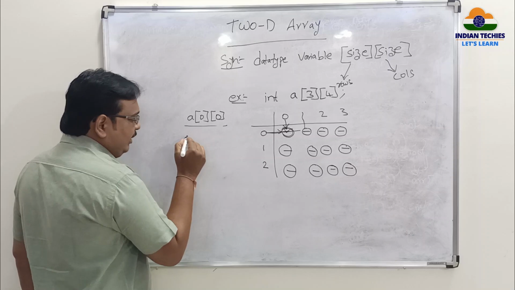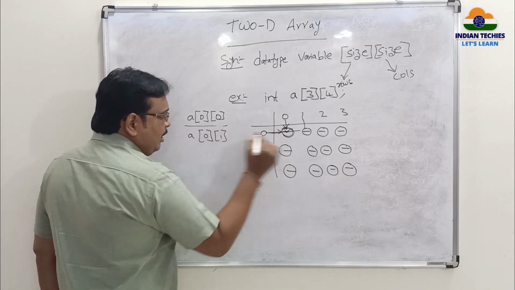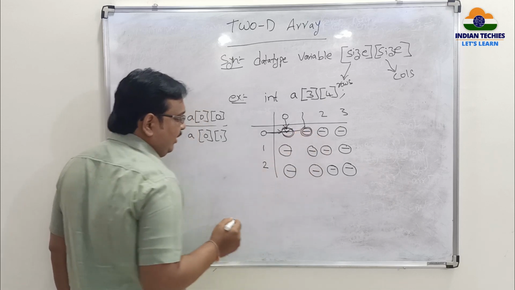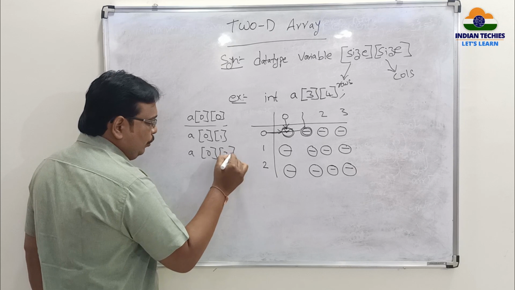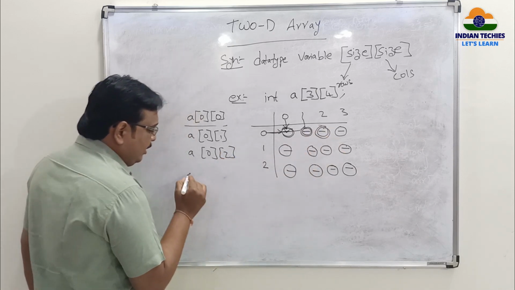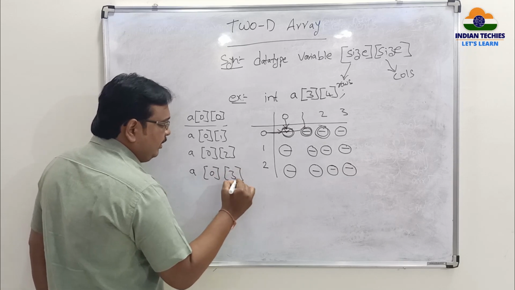A of 0, 0. The name of the second variable is A of 0, 1. Next one is A of 0, 2. Next one is A of 0, 3.